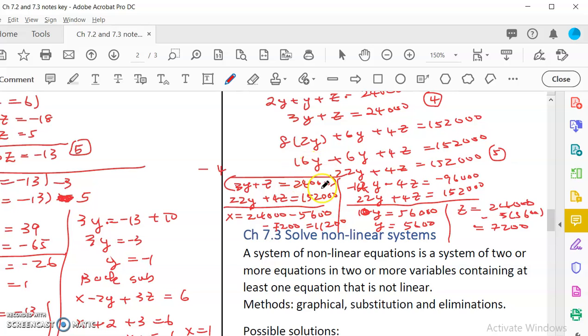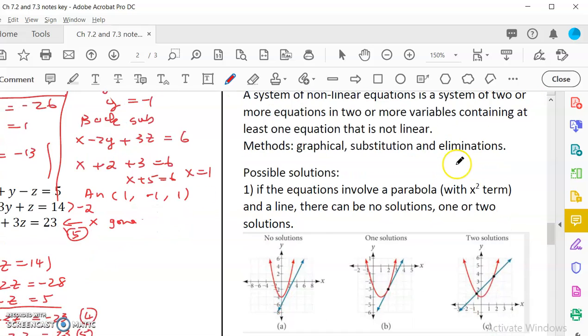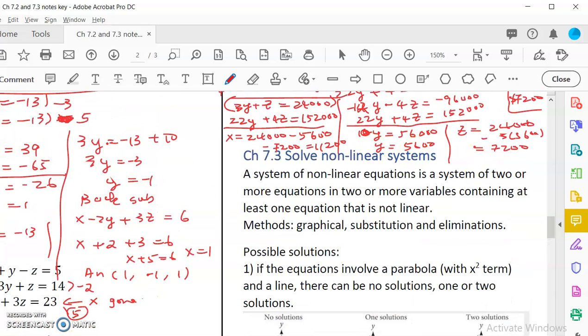So you invest, the answer here: for the 8%, x is 11,200. 6%, y is 5,600. 4%, z is 7,200. So it's basically by substitution. So that is all of 7.2.